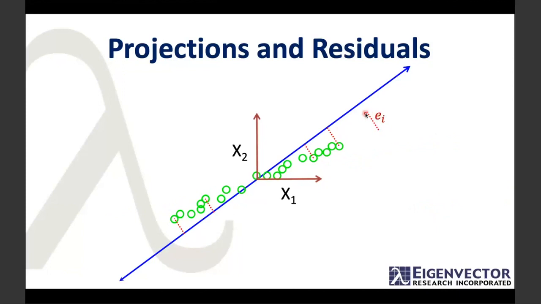I'm going to represent each of these projections as E sub i's, determine the length of these, and then square them and sum them. Okay, so I have a degree of freedom with respect to how I choose to rotate this blue line. Well, what is it that's special about PC1?